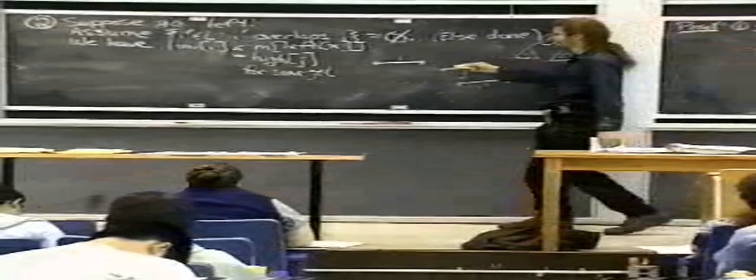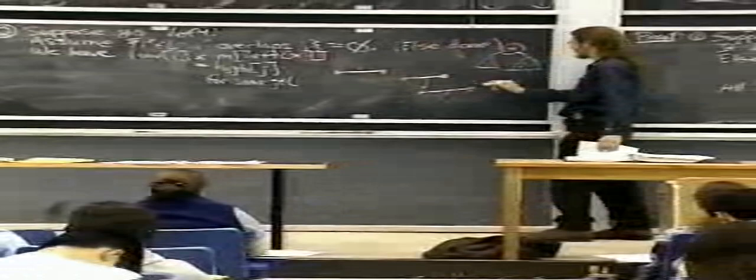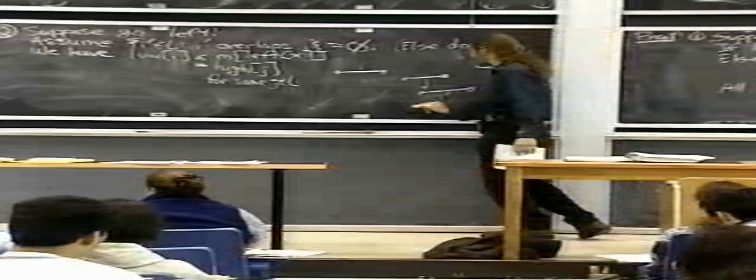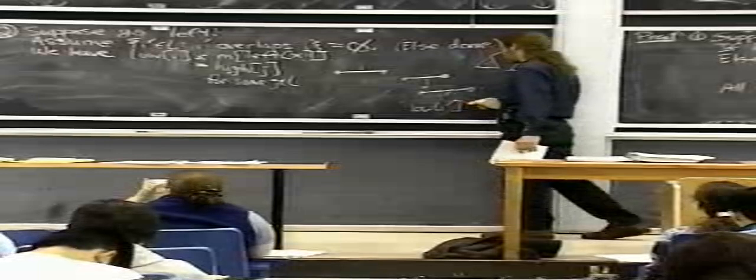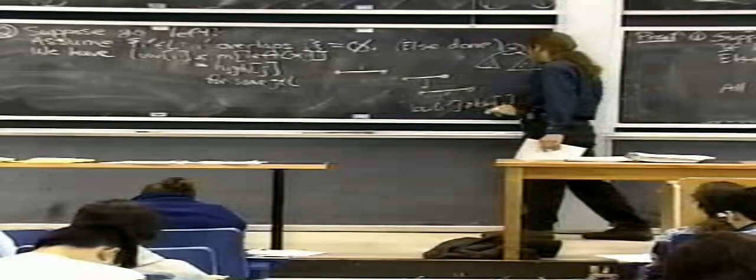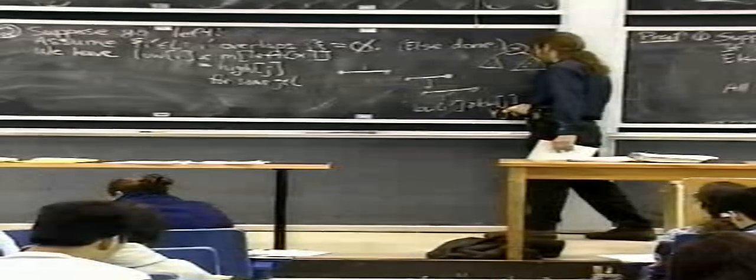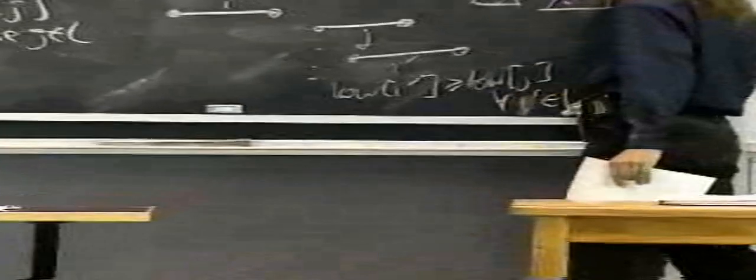And j was just some exhibition of the max. Okay, this is tricky. That means we have that the low endpoint of I prime is at least the low endpoint of j for all I prime in R.